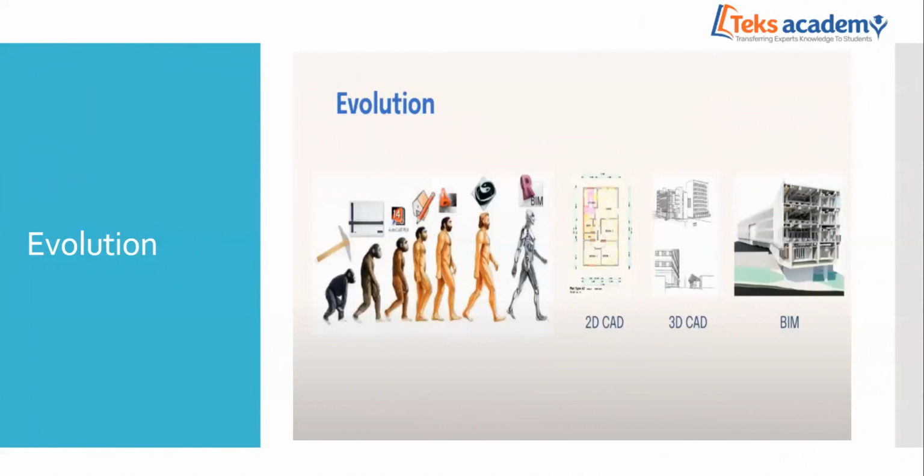Then Mr. Eastman continued working on this concept, and he built one more concept, which started in 1990 and ended in 1999. BPM is the building product model.